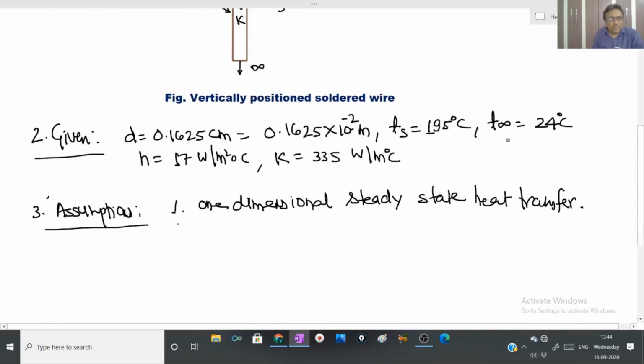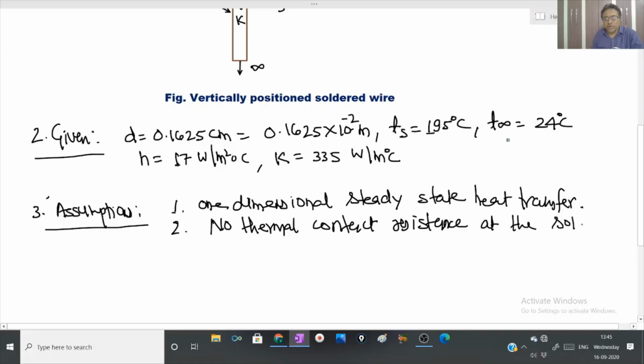Then assumption number 2 will be no thermal contact resistance at the solder surface. Because of this, the temperature of the fins at the root, that is where they are connected to solder, will be equal to the temperature of the solder.